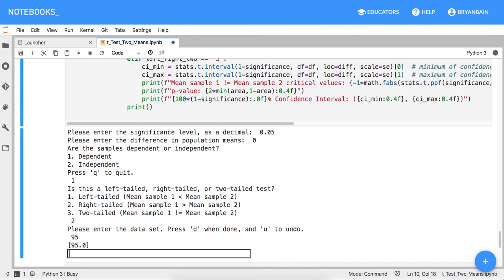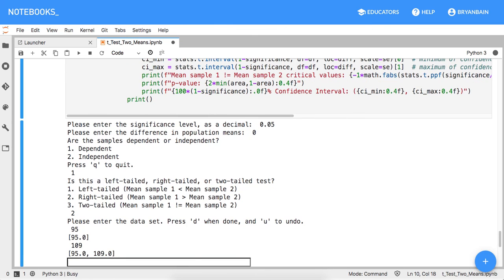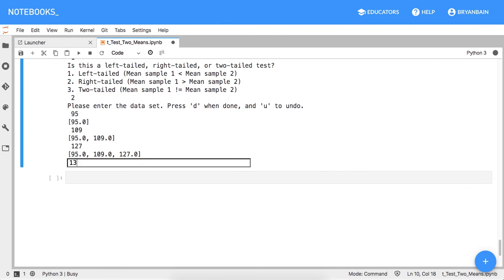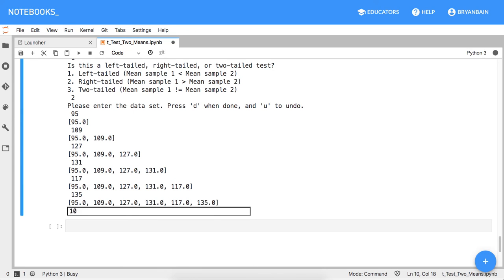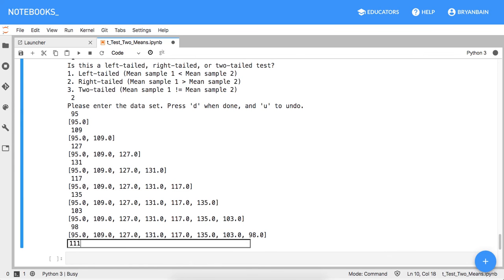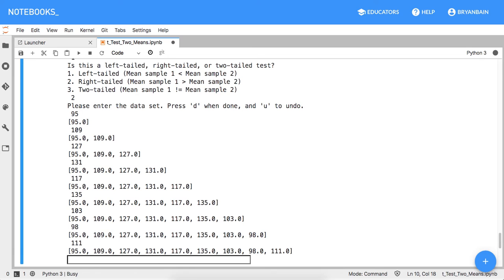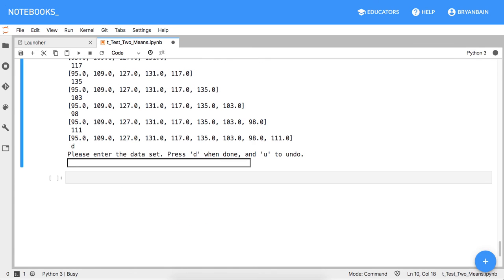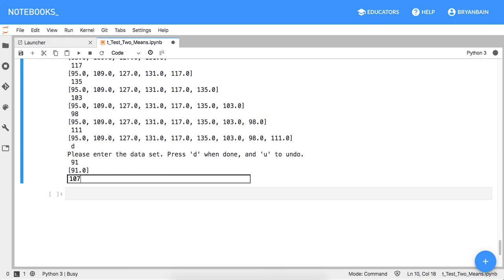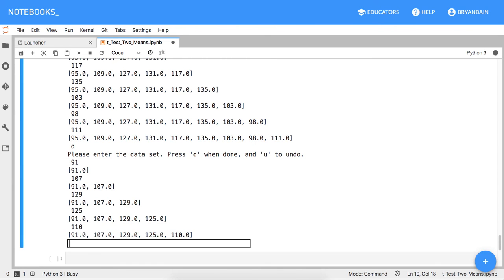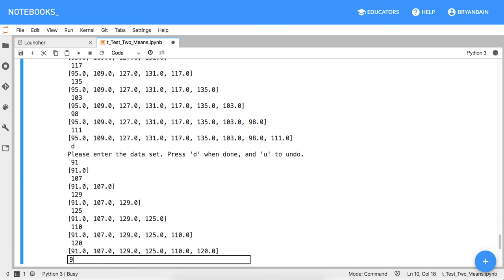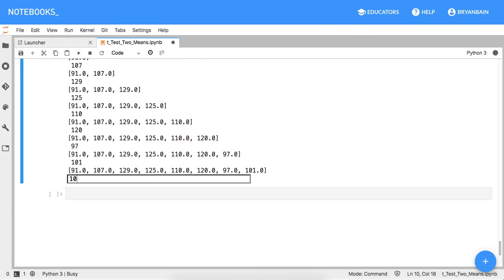So 95, 109, 127, 131, 117, 131. Okay, and we're done with that first data set. Hopefully I didn't make any errors. Next up, 91, 107, 129, 125, 110, 120, 97, 101, and 107.